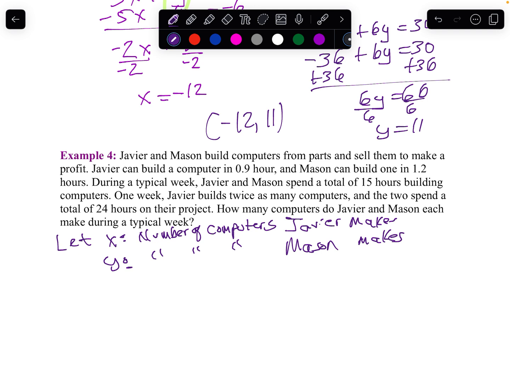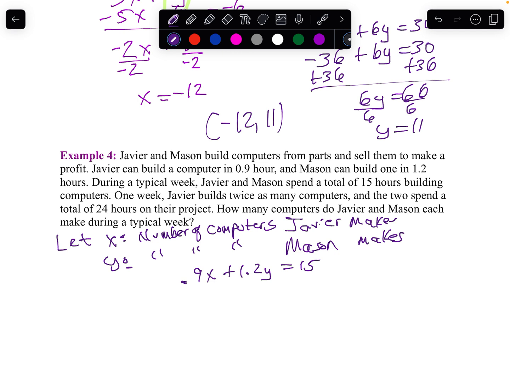Let's do the first week. So Javier spends 0.9 hours making a computer. Mason spends 1.2 hours making a computer, and together they spend 15 hours, not 15 computers.